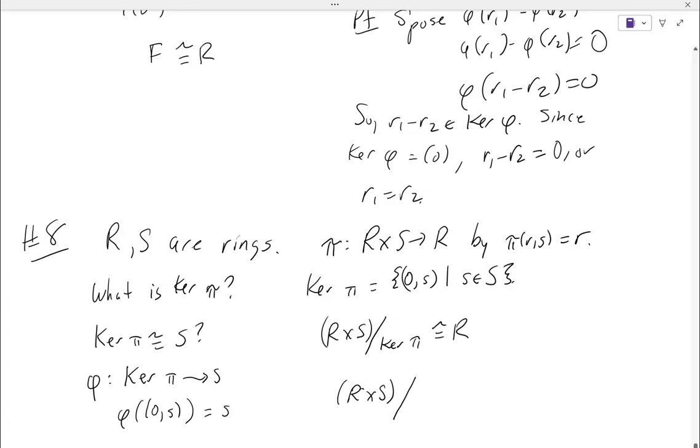This is bad, by the way. This is not the right notation for this because one set doesn't live inside the other. But the kernel of pi is the same thing as S, essentially. It has the same structure, right?